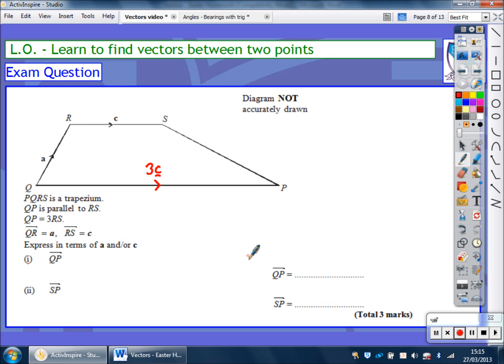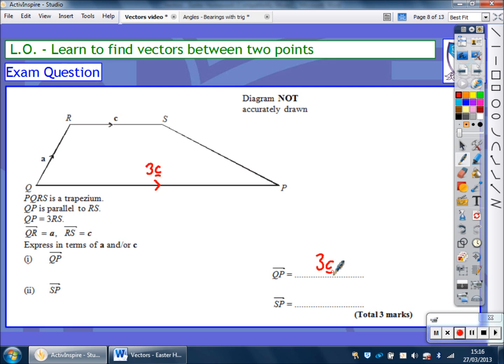Now if we look at the question, express in terms of A and or C, which just means that our expressions need to have a vector A or a vector C in, QP. Well, we've just actually found the vector QP just by adding stuff to our diagram which we thought would be useful. So the vector Q to P is just 3C.